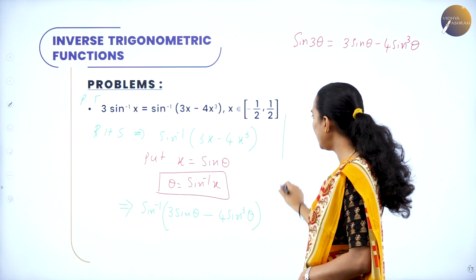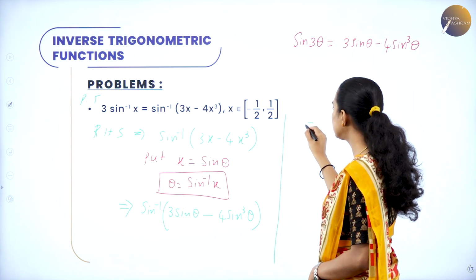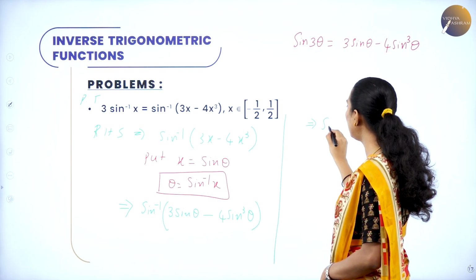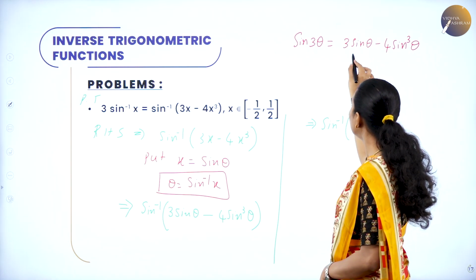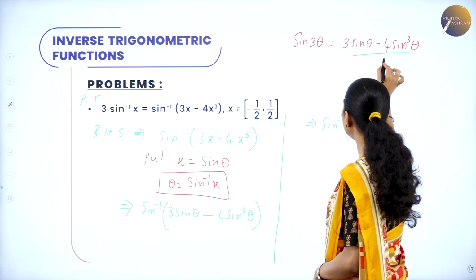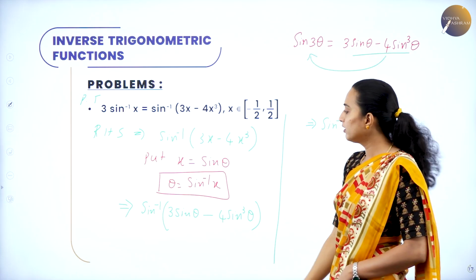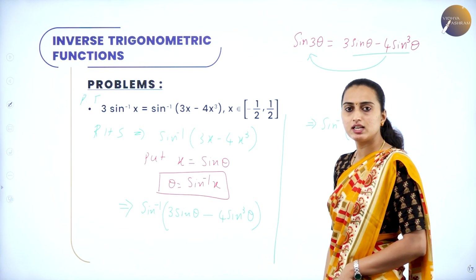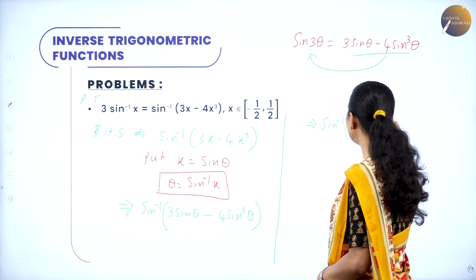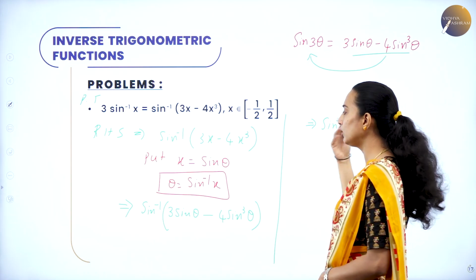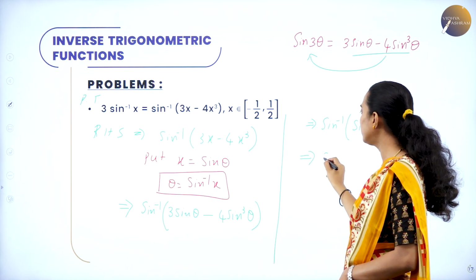Then which implies sin inverse of, what is 3 sin theta minus 4 sin cube theta, is nothing but sin 3 theta. Therefore, I am going to substitute in place of this sin 3 theta. You can observe, dear students, sin inverse sin will go. You are going to remain with 3 theta.